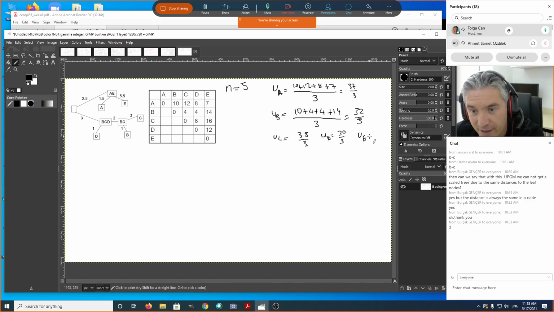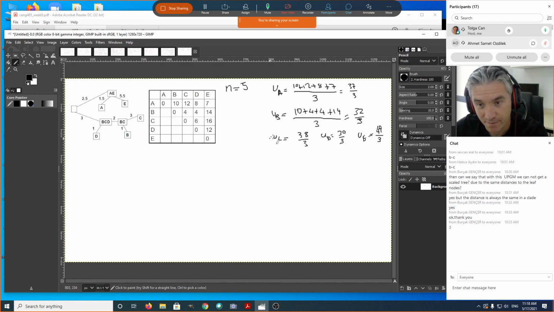UE, the final one, is this. E is really far away from the rest, right? It's going to be 49: 30, 40, 49. So 49 divided by 3. So I computed the Ui values. These are the Uis.